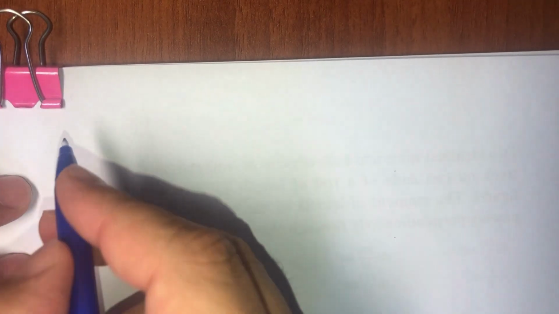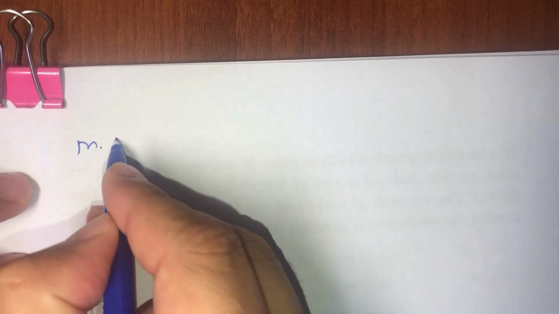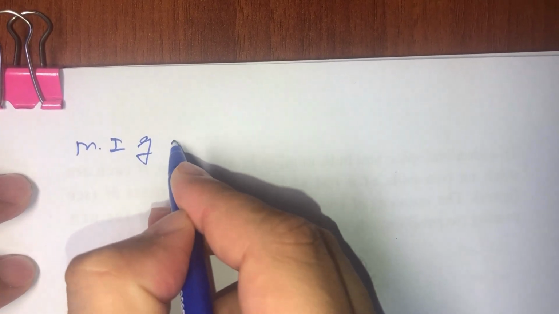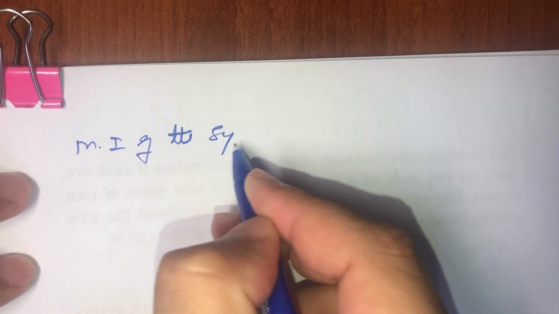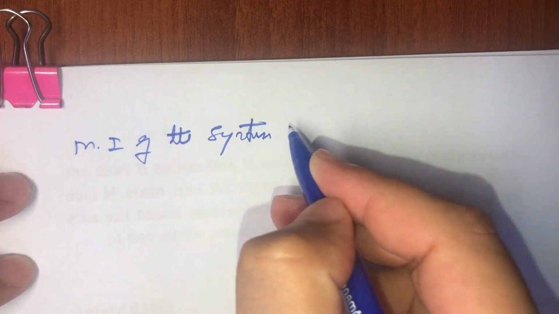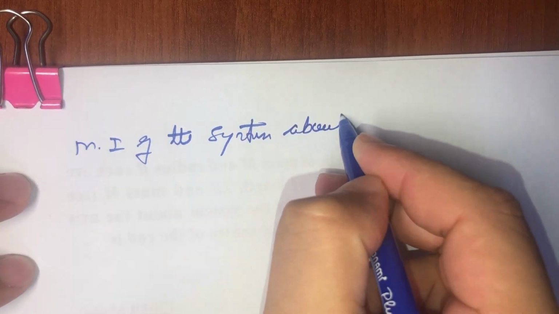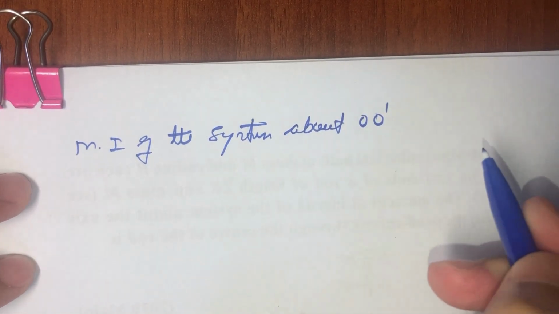Now we are going to find out the moment of inertia of the system about axis OO prime.